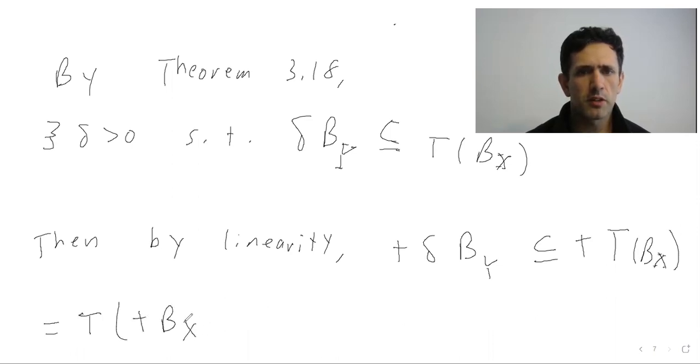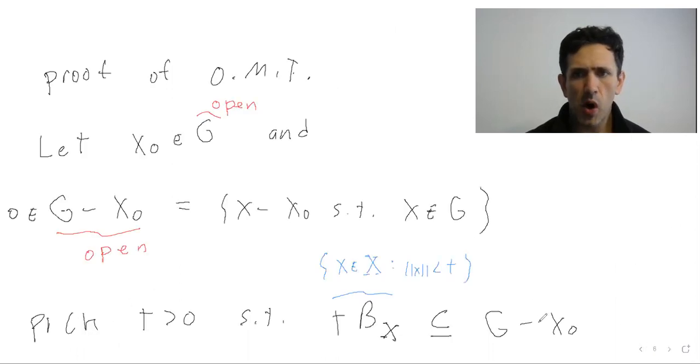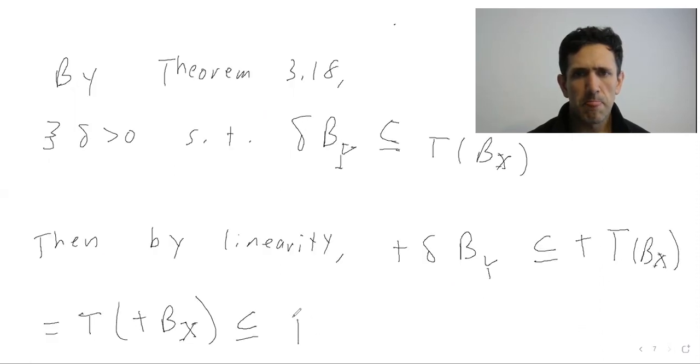Probably shouldn't, because it's just dilation, and you can pull out constants from T. Well, t times the ball in X is a subset of G minus x0. So T of t times the ball in X is a subset of T of G minus x0. And this is going to be equal to, again by linearity, TG minus T of x0.